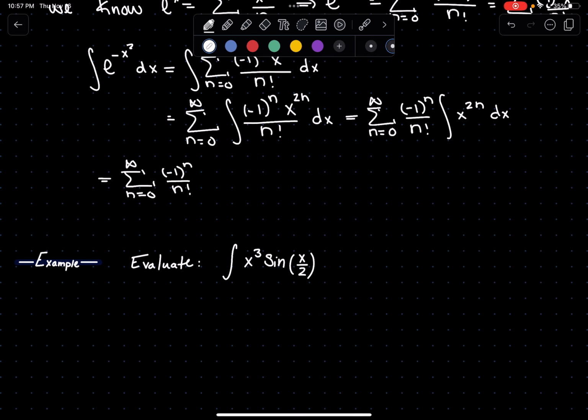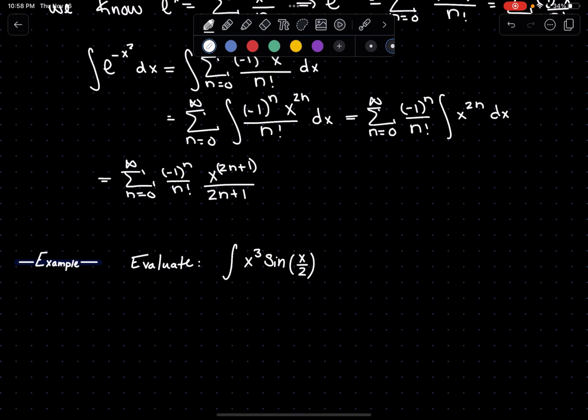Well, the integral of x to the 2n, I add 1 to the exponent and then divide by that number, right? So this is x to the 2n plus 1 over 2n plus 1, right? Am I happy with that? Yeah. I don't know why in my notes I have divided by n plus 1. Do I care? No. I don't see why I did that. I think that's just a typo. Just do 2n plus 1, right?